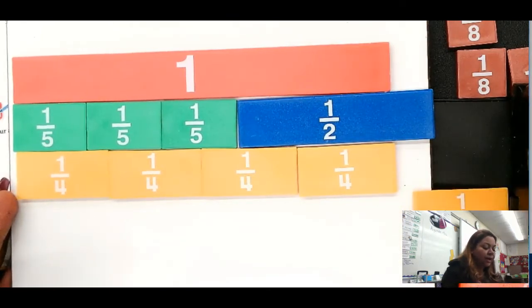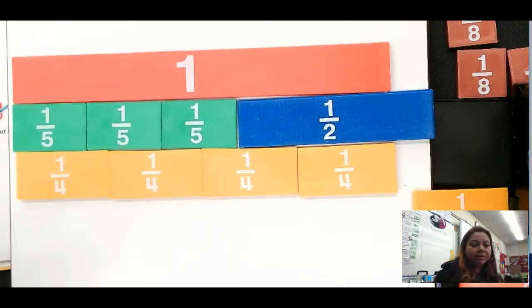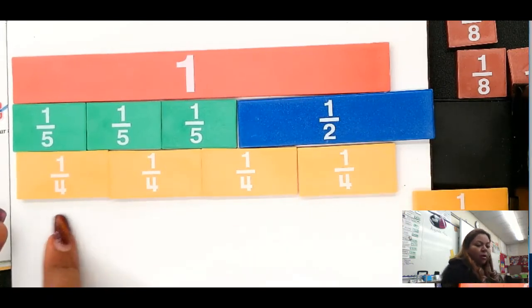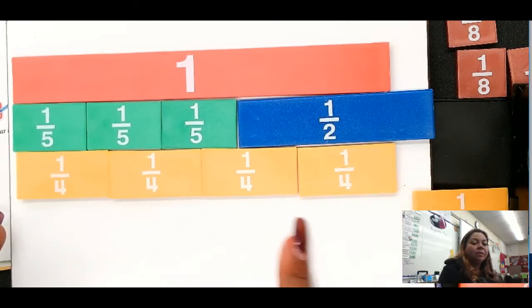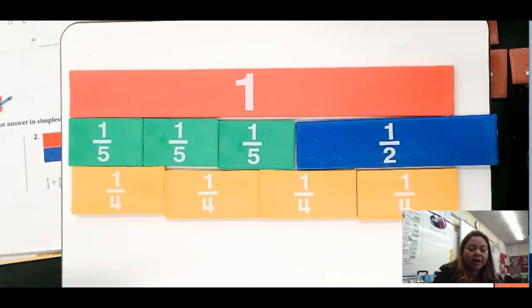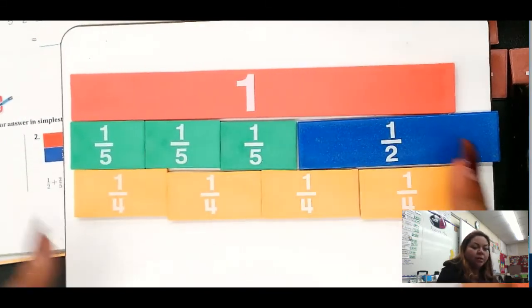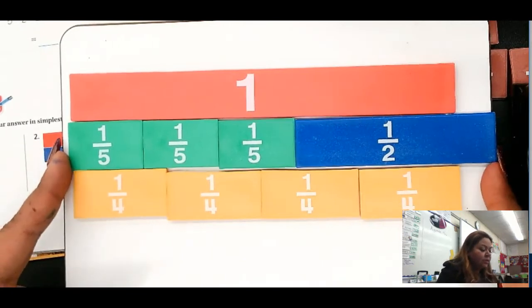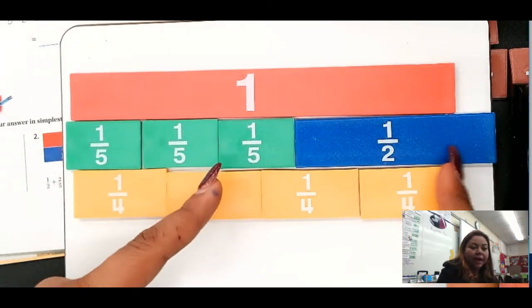So I want you to go ahead and use your tiles and try to find which fraction tiles will fit if you put all with the same denominator tiles. Okay, go ahead and try it. Okay, once you have tried them all, I want you to write the fraction tile that you were able to find to fit into these strips, the 3/5 and 1/2.